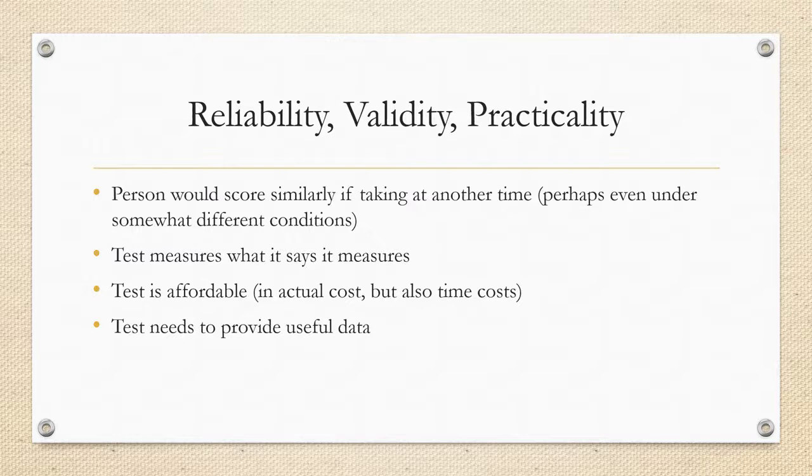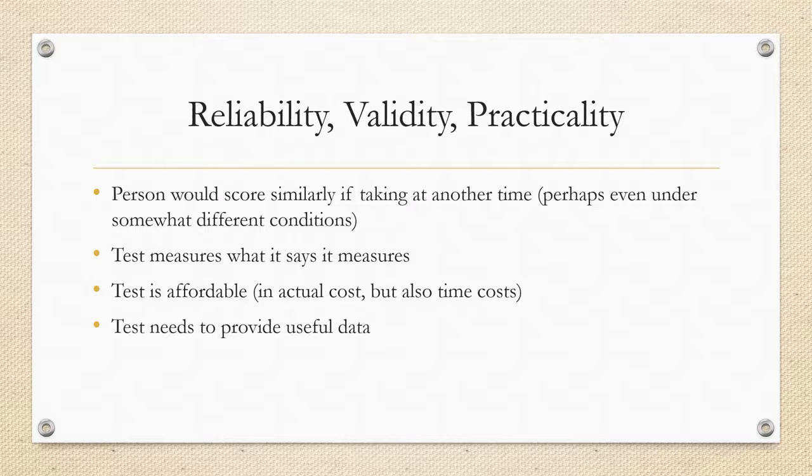Okay. The final thing is that every test needs to provide useful data. Now, if you have ensured that your test is reliable and valid, you probably have something useful in that data. But how are those numbers going to be translated into something that teachers can work from? Are you going to be able to tell them particular skills that they need to work on next year to make sure that students better address some of the weaknesses that you saw in the test?